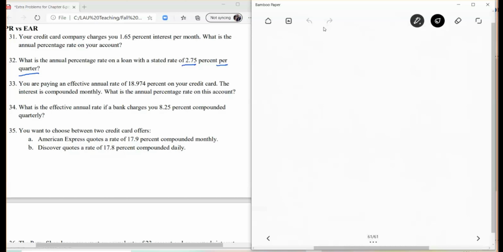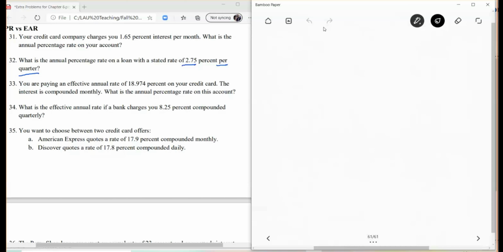So in this case, if you have different investment opportunities, in order to choose between them, you need to compute the effective annual rate of each alternative. The same will apply if you are considering different loans. So you want to choose the loan with the lowest effective annual rate.